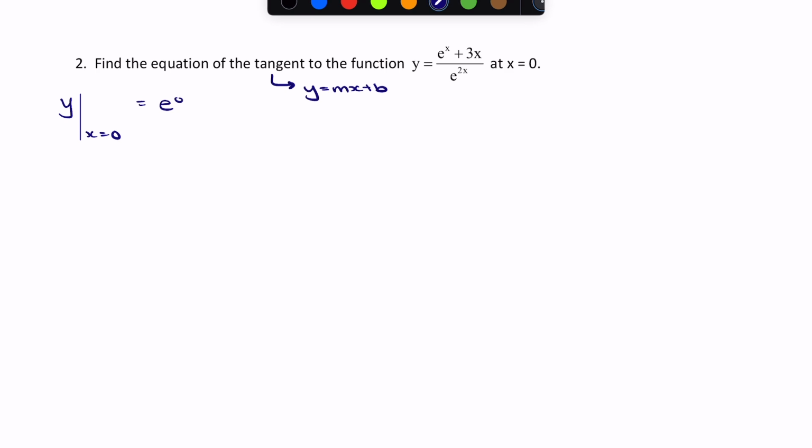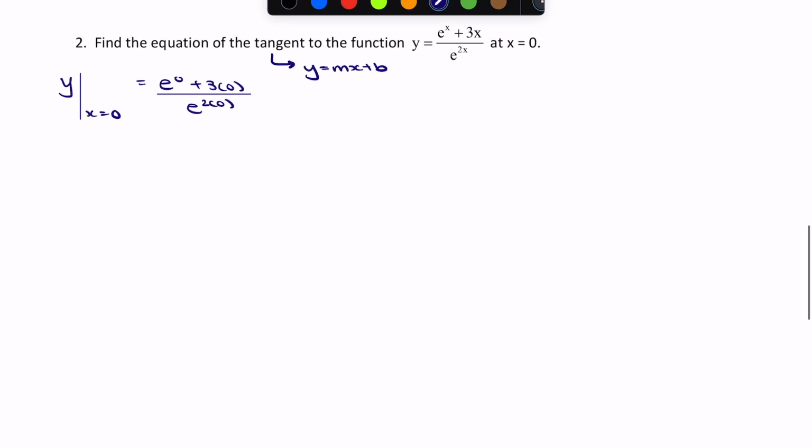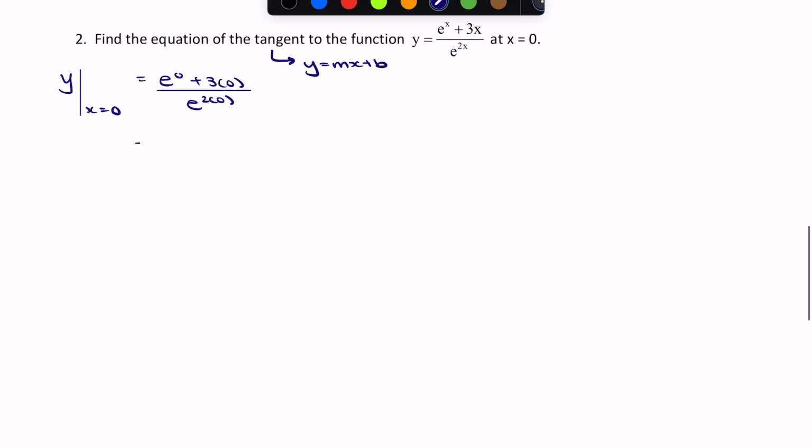So we have e to the power of 0 plus 3 times 0 over e to the power of 2 times 0. And here we will get 1. So e to the power of 0 is 1 over e to the power of 0, which is 1 as well. So 1 over 1 is equal to 1. So we know that we have a point at 0, 1, which we can sub in after.